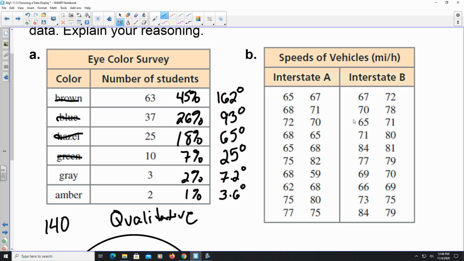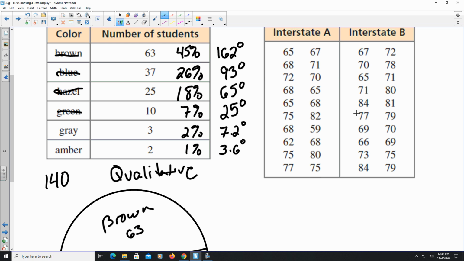And since we have two separate pieces of data in here, our best way to create a form of data that we can display that can help us make decisions is going to be a box and whisker plot.